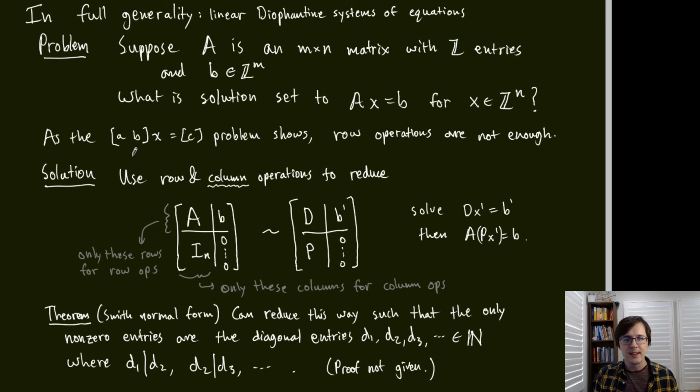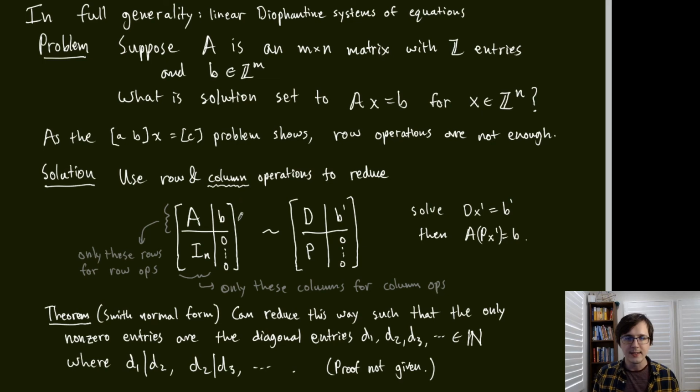What our example problem of these 1 by 2 matrices shows is that row operations are not enough to be able to solve these, and we have to do something somewhat more sophisticated. The solution is that we have to allow column operations. And we also need to record the column operations that we did so that we can undo them in the end, which is what that P matrix is all about.